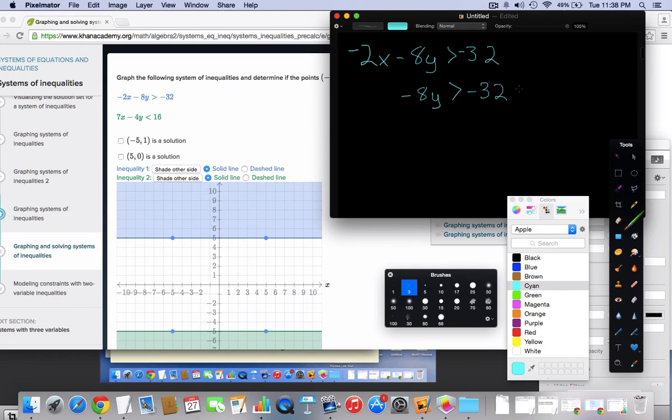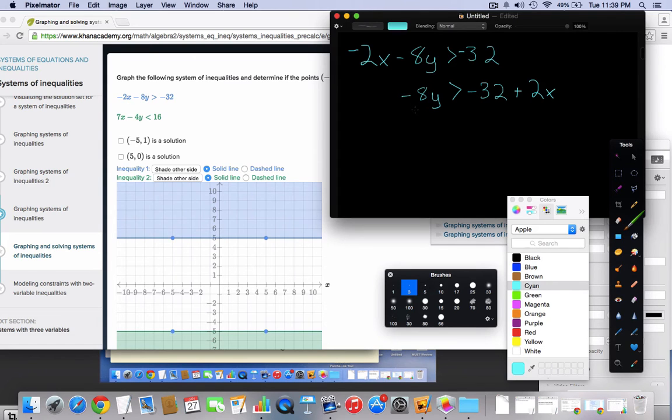Many of you, I find, will do something like this, because you think, oh, we have to get rid of this, so we're going to subtract 2x. I hope by now you can understand why this is the wrong thing to do. What we are doing to both sides is adding 2x. So there we go. We're left with -8y is greater than -32 plus 2x.